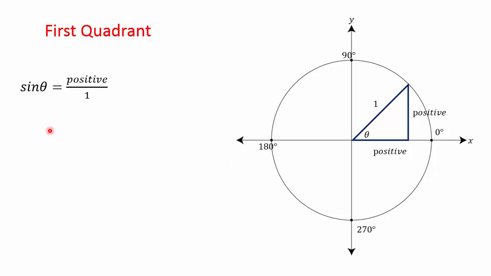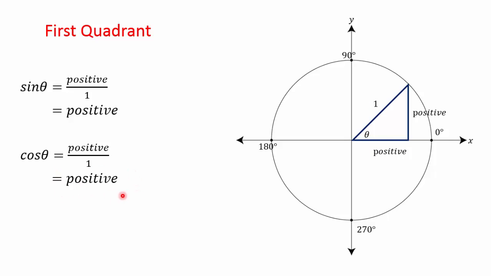I can then write my trig functions. Sine theta is equal to opposite over hypotenuse, so it's a positive number over 1, which means that sine is always positive. Cosine is equal to adjacent over hypotenuse, so a positive number over 1.